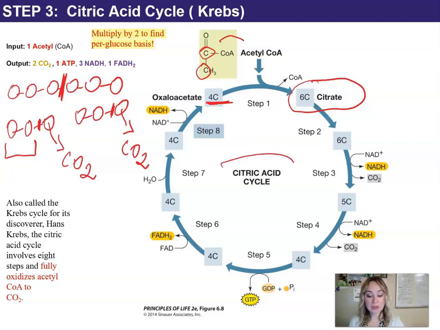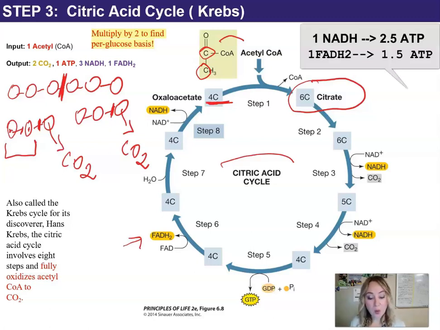Well, the reason we're going to have all these 8 reactions happen here is because we want to maximize the production of NADHs and also another carrier molecule such as FADH2. Remember this, that NADHs and FADH2s are your electron carrier molecules, so we can transfer the energy to the last step of cellular respiration, and that's where we're going to synthesize a lot of ATP.